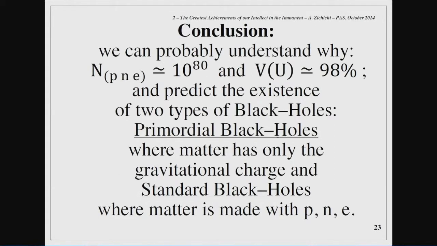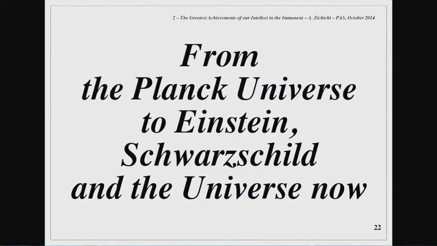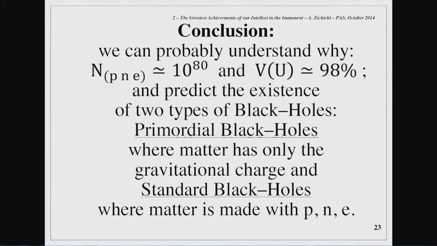And the conclusion of this analysis, from the Planck universe to Einstein and Schwarzschild, is that we probably understand why the number of protons, neutrons, and electrons in the universe now is 10 to the 80, and the vacuum in the universe is 98%.